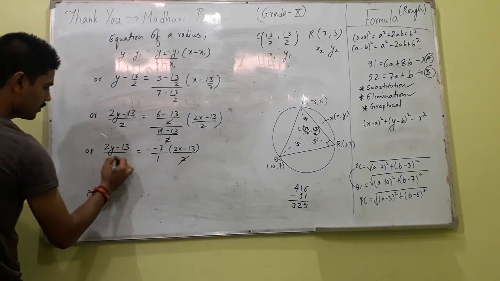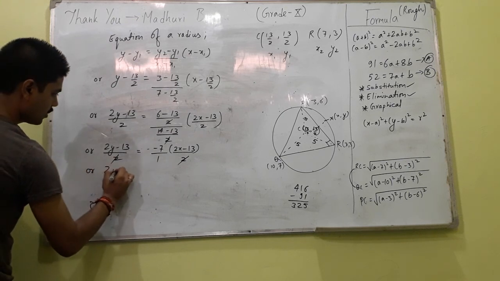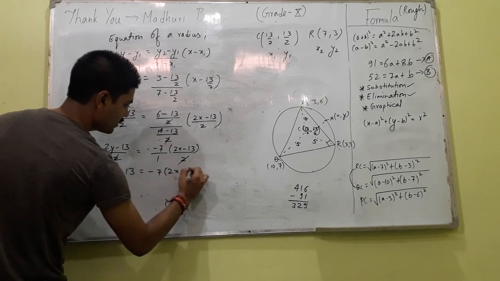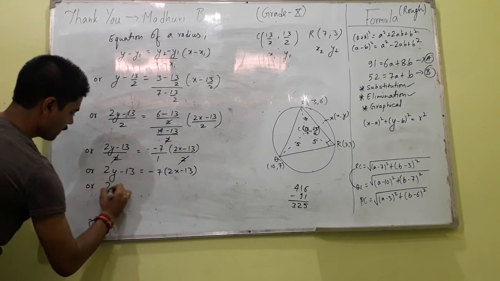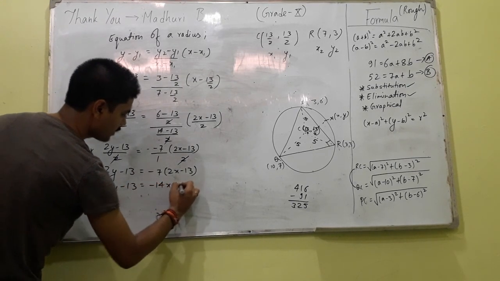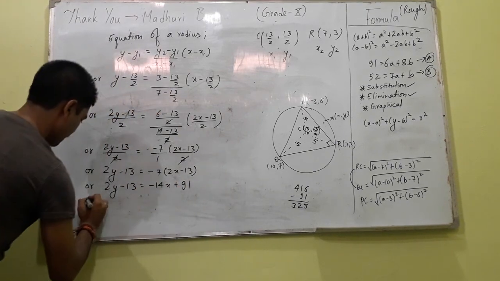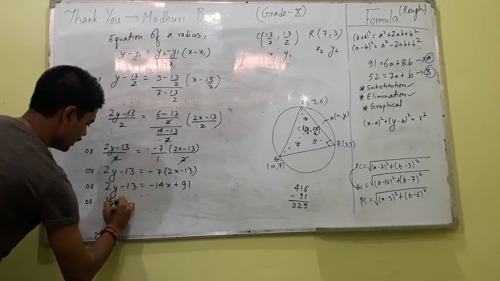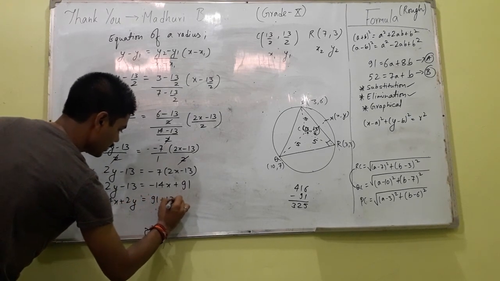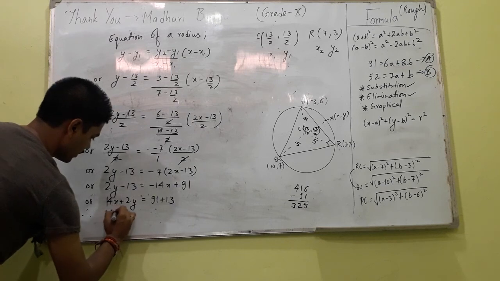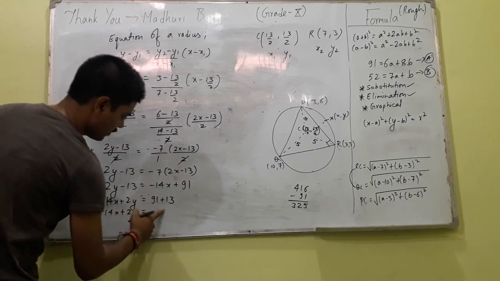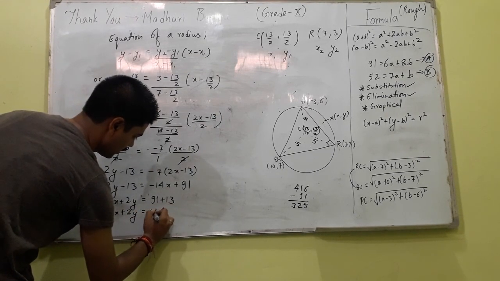So even 2 can be divided here. 2y minus 13 equals to minus 7 times (2x minus 13). 2y minus 13 equals to minus 14x plus 91, or 14x plus 2y equals 91 plus 13. So the equation of a radius is 14x plus 2y equals to 104.